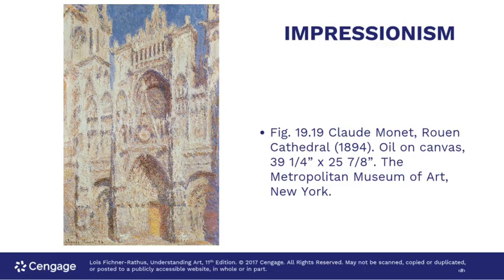He was known for going to the same place and painting the same subject multiple times, depending on the conditions, maybe very early in the day, maybe halfway through the day, towards the evening, in the summertime, in the wintertime. And he was interested in seeing how that affected the way the colors on the building might look, or the people, or whatever. So he has many sets of paintings where he's done this.